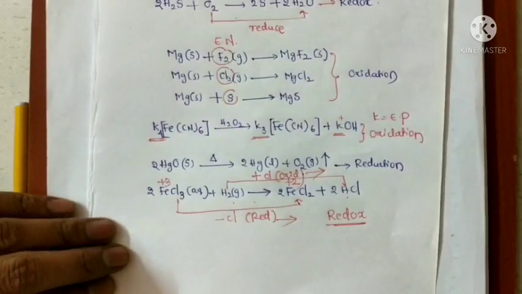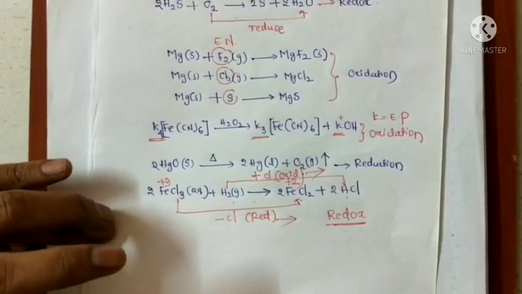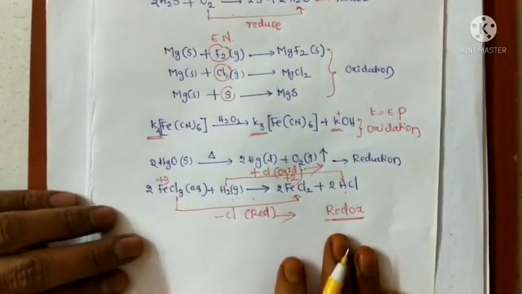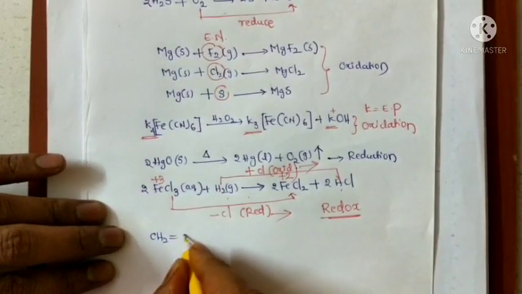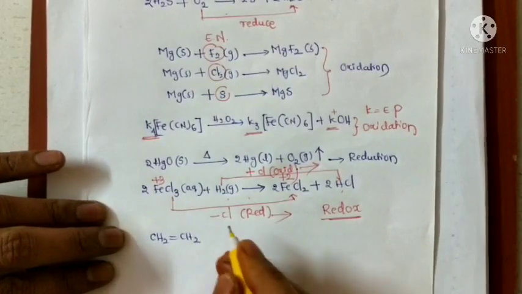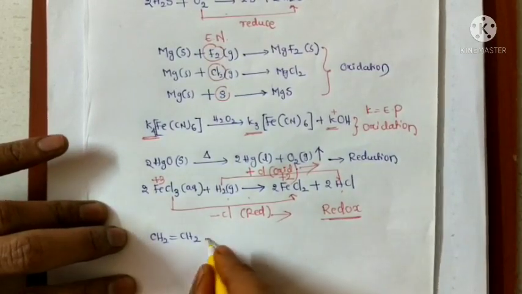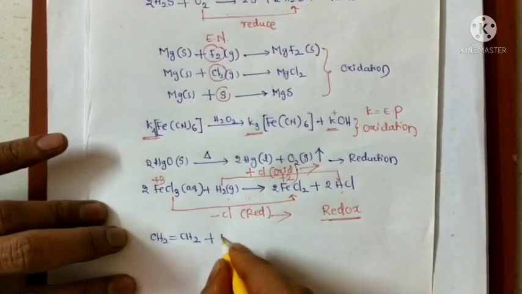And the next example for the reduction reactions. For example, ethylene is taken, C2H4 is reacted with hydrogen gas.